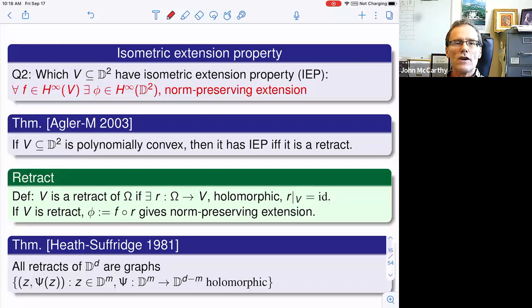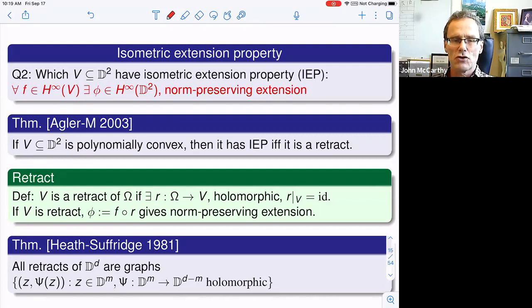And so retracts always have the isometric extension property, and retracts are well understood in just two cases, the ball and the polydisk. In the polydisk, there's a theorem of Heath and Suffridge, which says the only retracts of the polydisk are graphs.